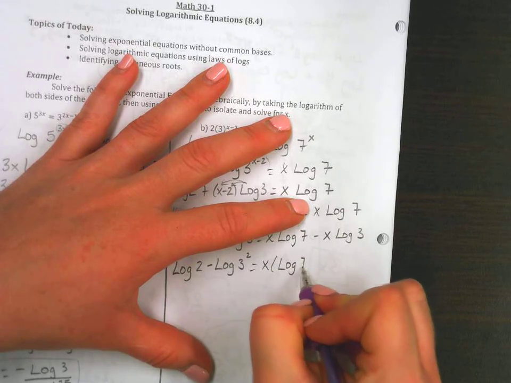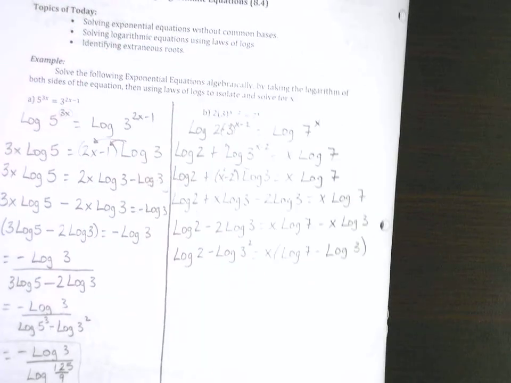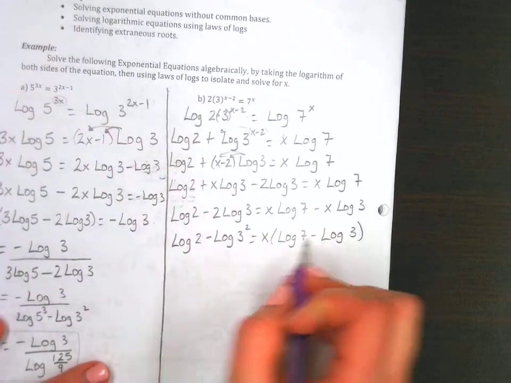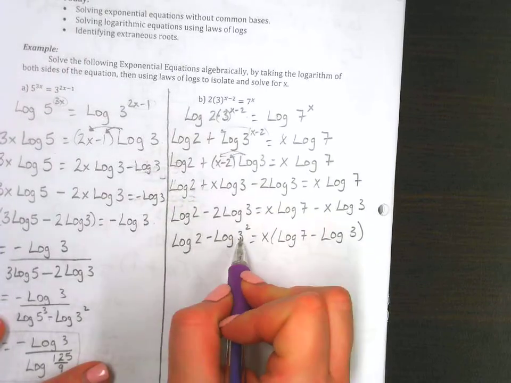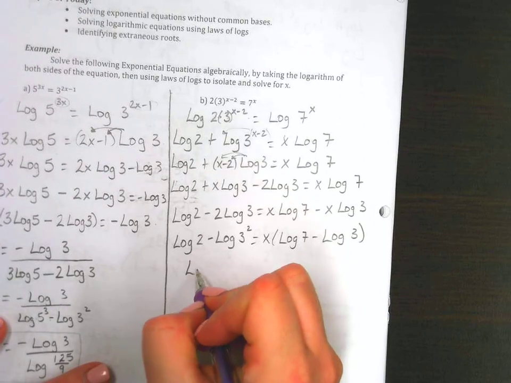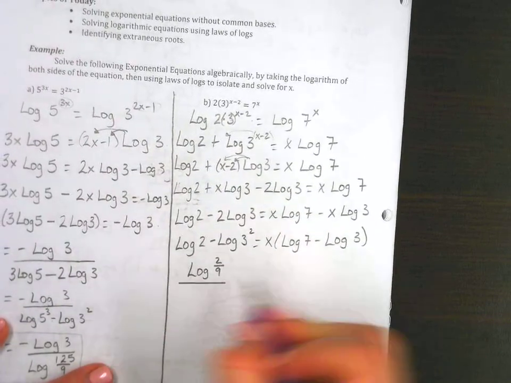At the same time, I can collect these as a single log using my quotient rule. So this would be a log 2 over 9 divided by, over here would be log of 7 divided by 3. Would be my x value.